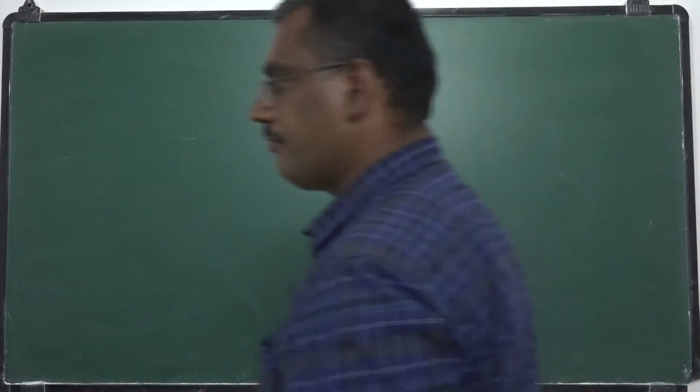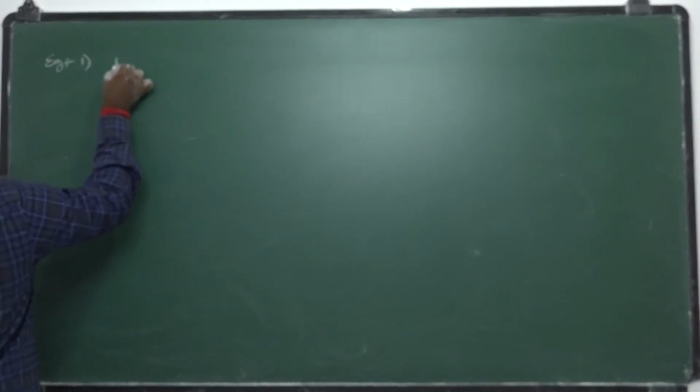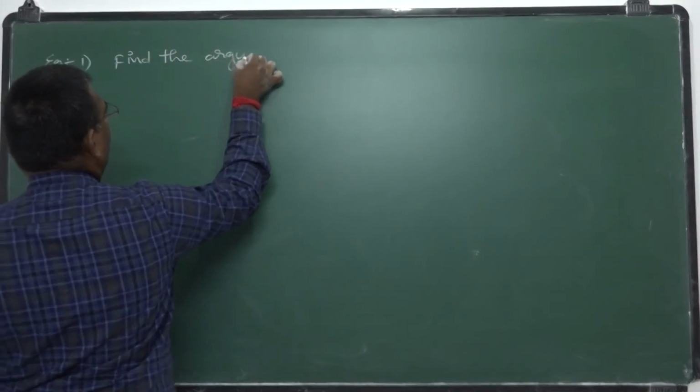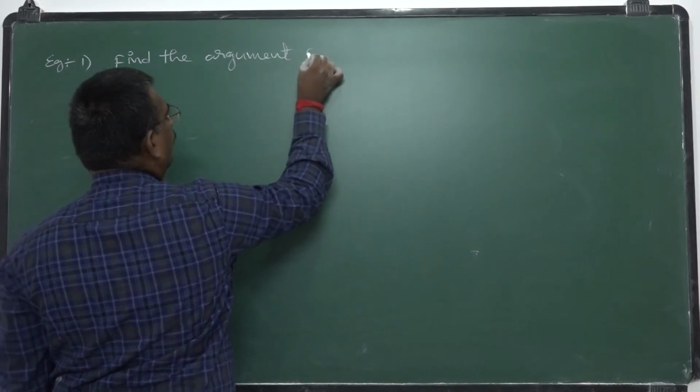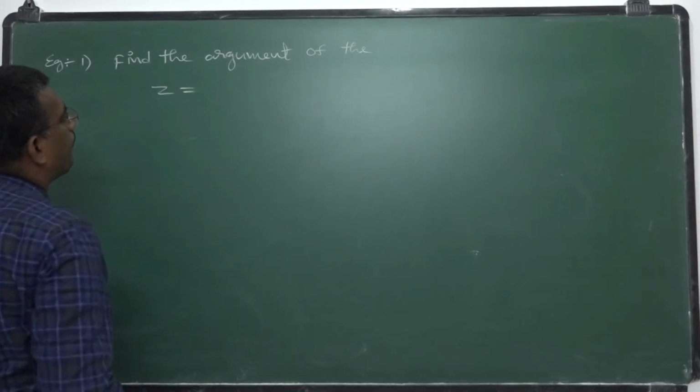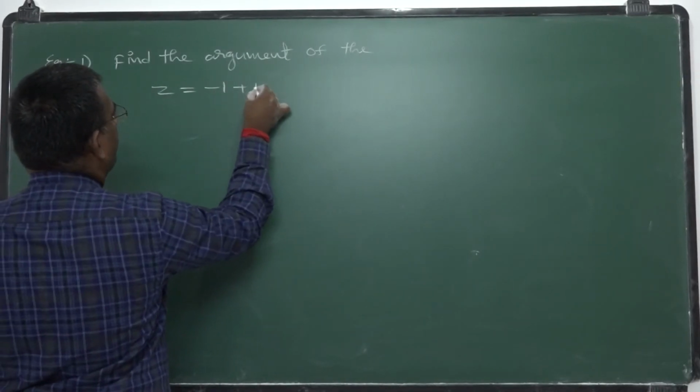So for example, find the argument of the complex number z equal to minus 1 plus i root 3.